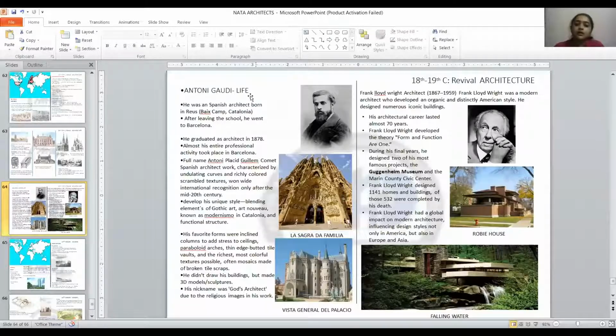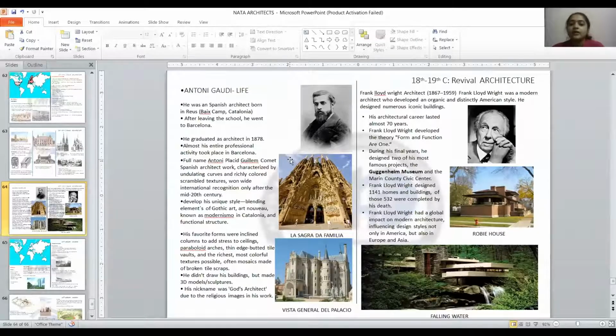So one of the famous architects, and Eiffel, right? I guess most of you would know who Eiffel is. So Frank Lloyd Wright. He actually had a career of about 70 years, and according to him, form and function are one. That is how he puts it, form and function is one.